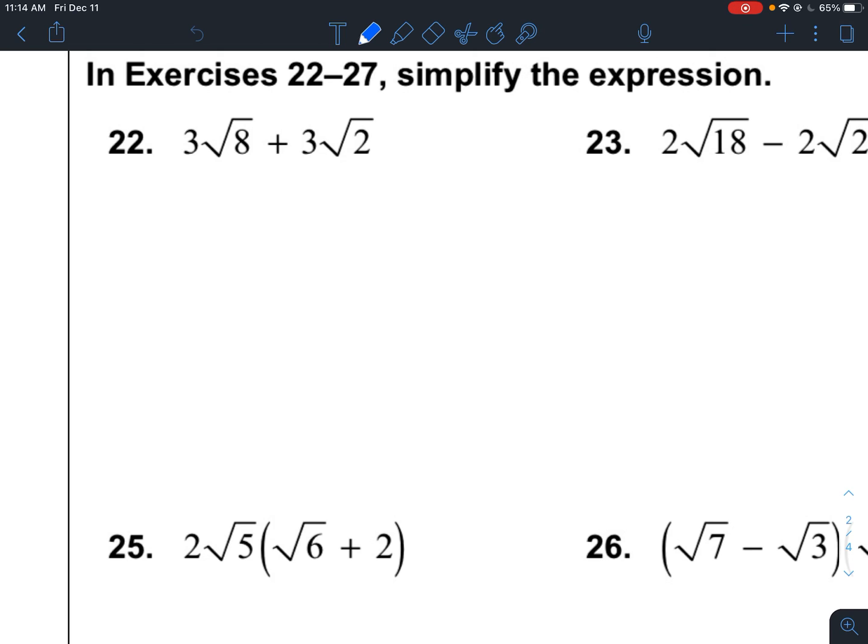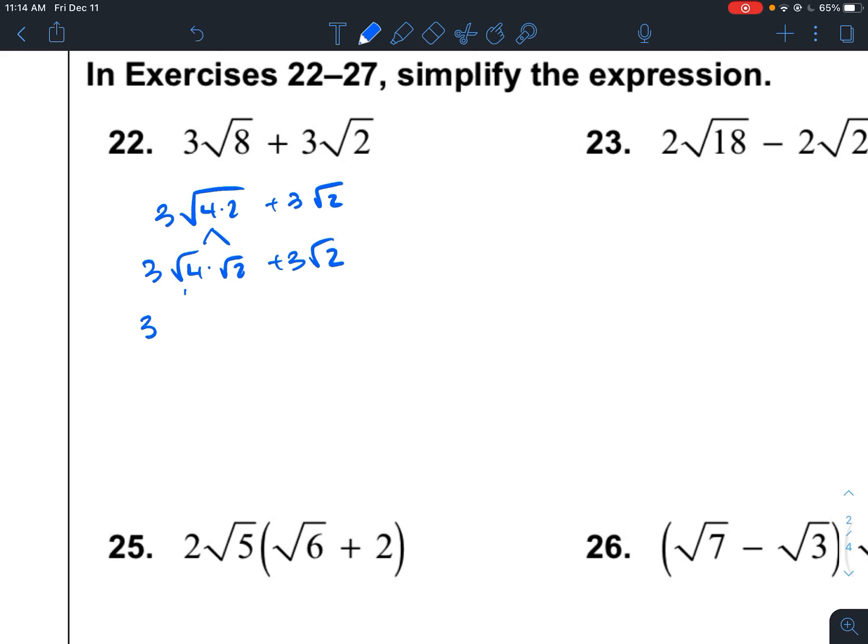So I have the square root of 3 square root of 8 plus 3 square root of 12. These are not like radicals, so the question is, can I simplify one of them? So here, this could be 3 square root of 4 times 2, because 8 is 4 times 2. Now I can use the product property to be the square root of 4 times the square root of 2 plus 3 square root of 2.